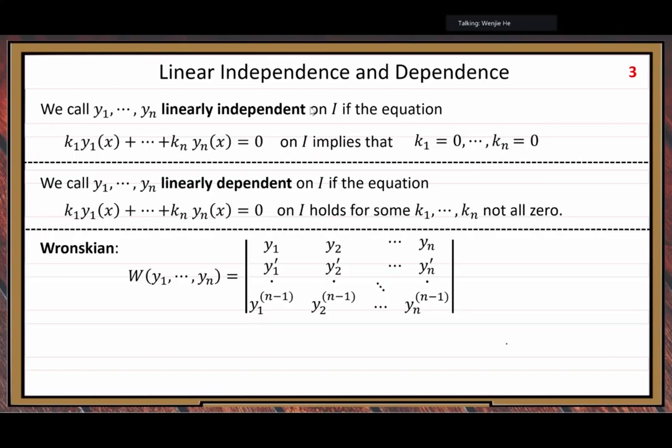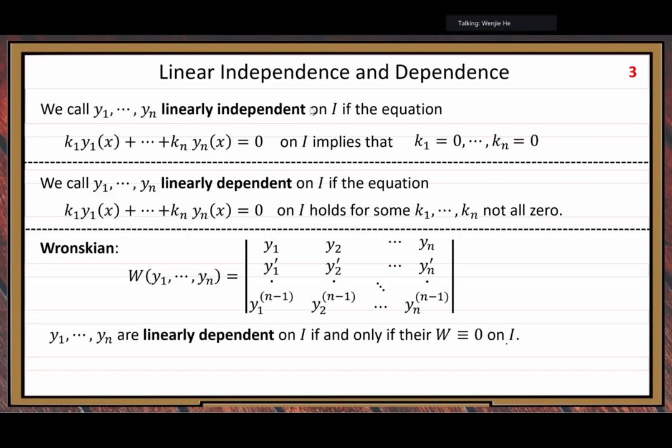All right. Then we can make conclusions related to these two concepts, linear dependence and linear independence.